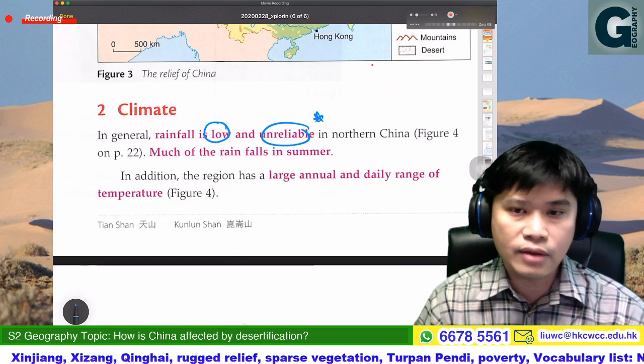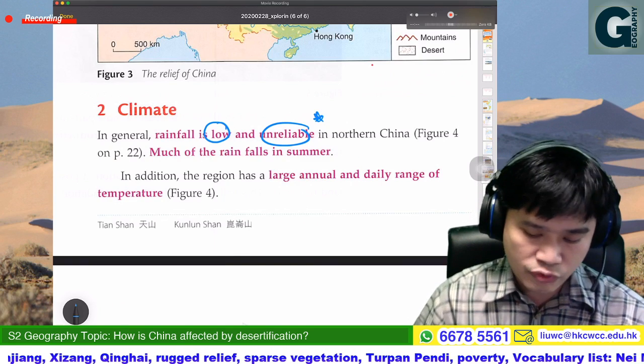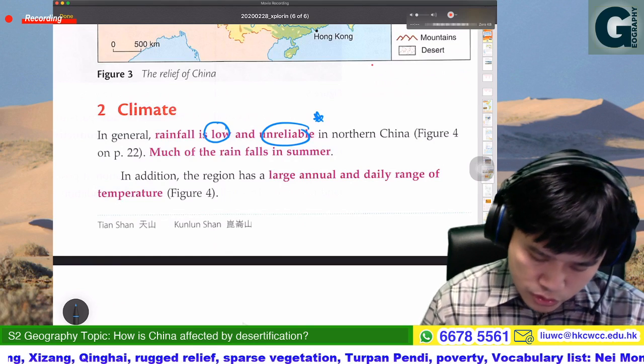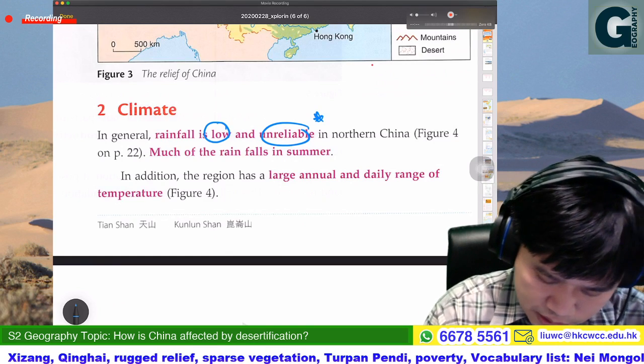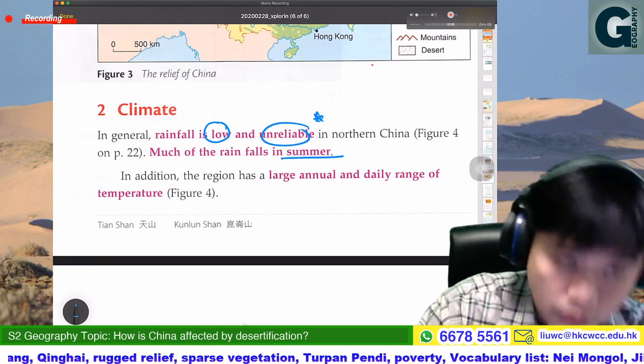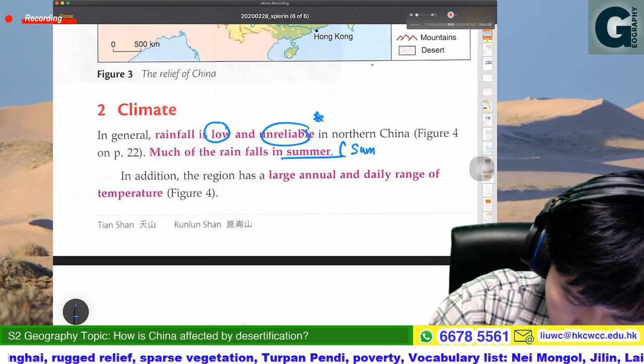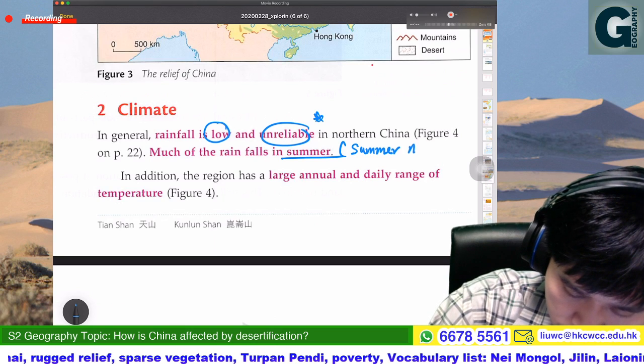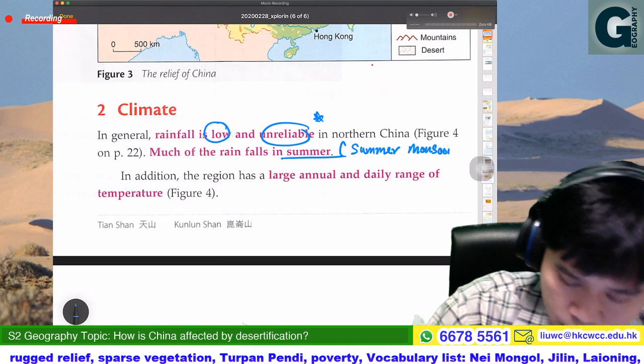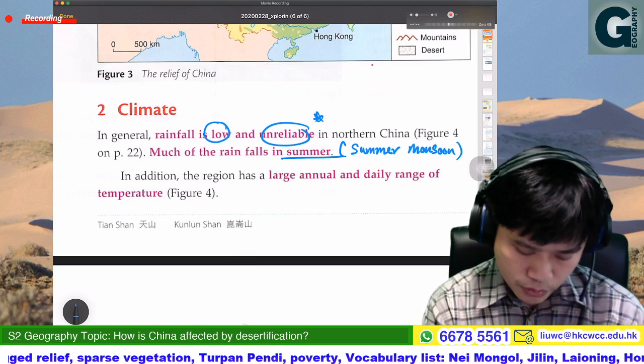So most rainfall actually falls in summer. This is due to the influence of, I hope you still remember, the summer monsoon.